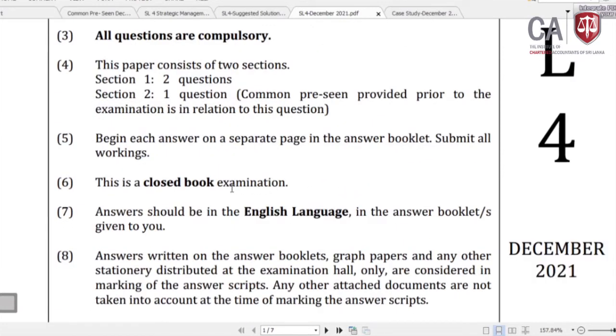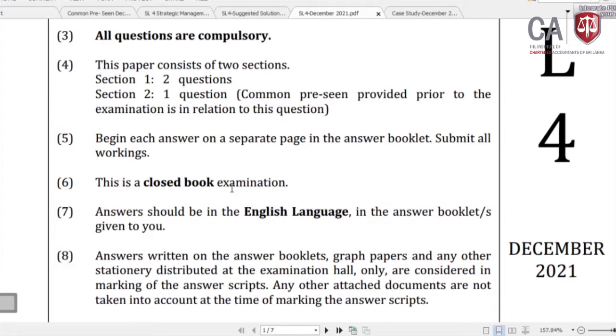The next important point is that these are closed book examinations, and not open book examinations. So that makes it a little bit more difficult.